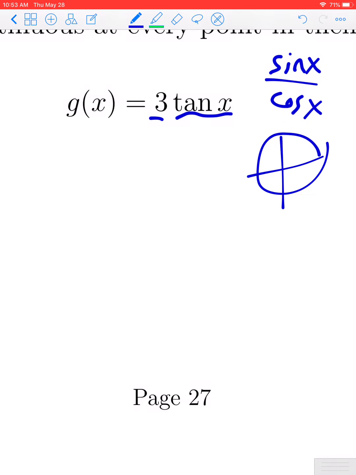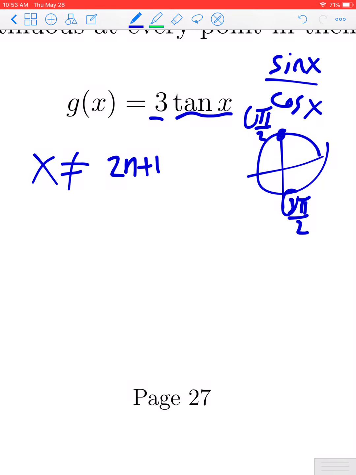So as long as the cosine isn't 0, which would happen at pi over 2 or 3 pi over 2, or really any odd multiple of pi over 2, you can continue to go around. So as long as x is not equal to some odd multiple of pi over 2, we can write that as 2n plus 1 times pi over 2 for n any integer.